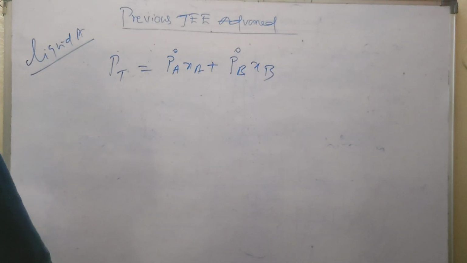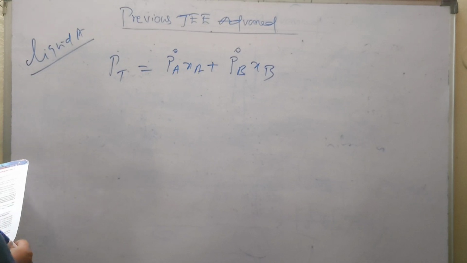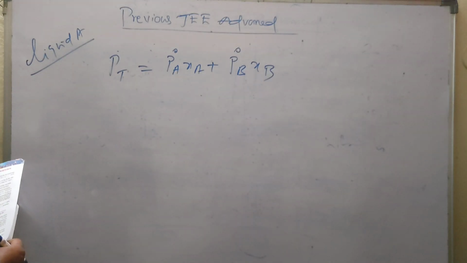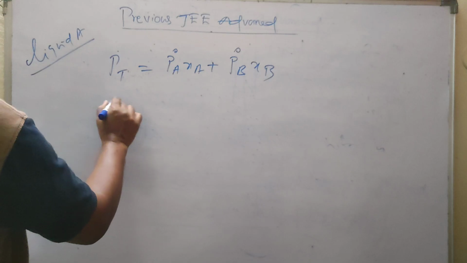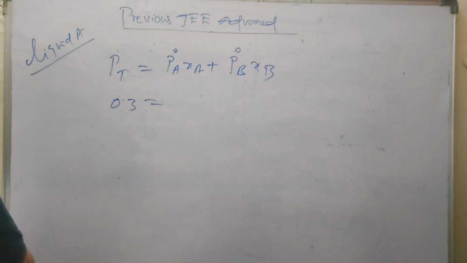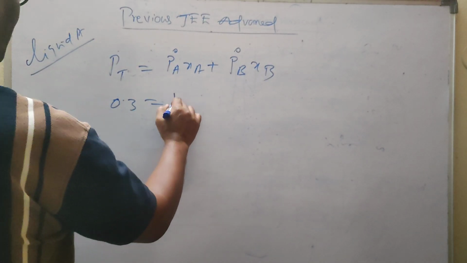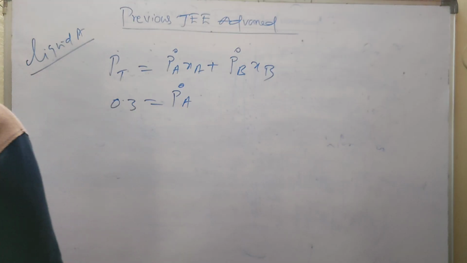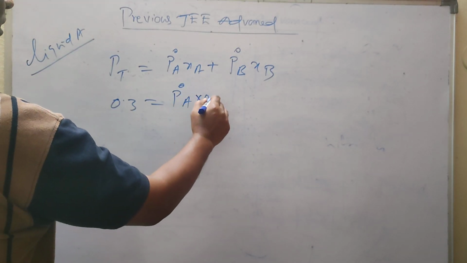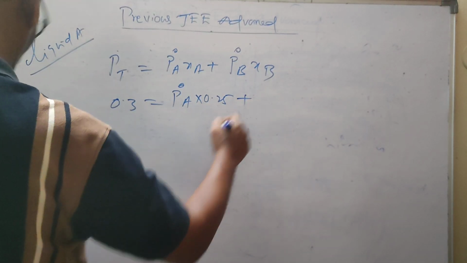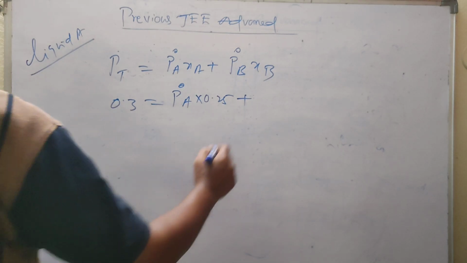So with respect to A, what is the total vapor pressure? 0.3, yeah. You take 0.3. So then P naught A you take as it is. XA value is given, 0.25 here, plus P naught B, I don't know.